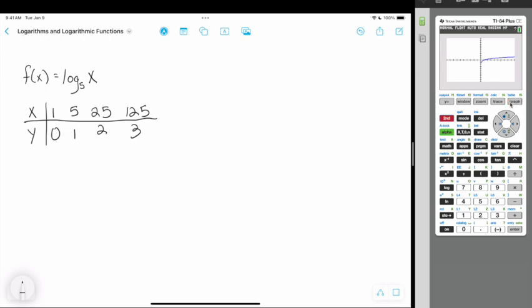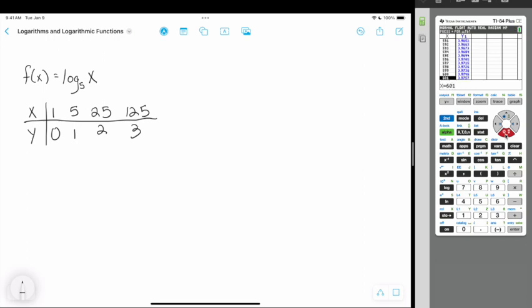And if we wanted to go back to our table, if you wanted to find where the next whole number point would be, that's 5 to the power of 4. And we would have to go a long, long way to get there. Look, we're just now at 3.5 and we're in the upper 200s. It takes a long time. Look how small the y's are as the x's are huge. These huge x values, and we still have not hit a y value of 4.